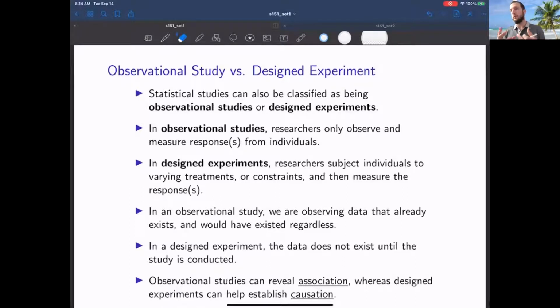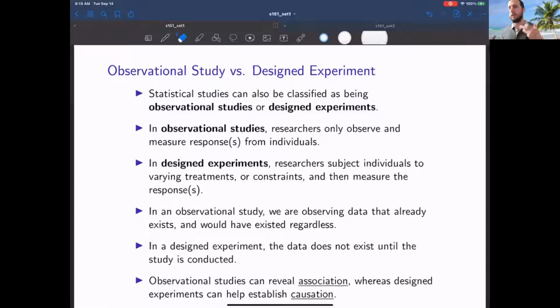Whatever it is that we are interested in measuring already exists, and we are just recording what we are seeing when we observe the observations that are of interest to us. Whereas with the designed experiment, for lack of a better term, we are creating data because we are applying a constraint.